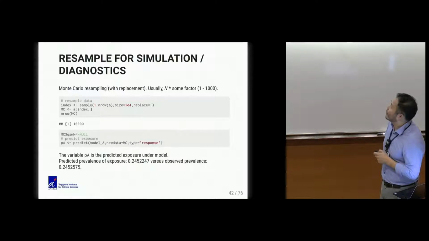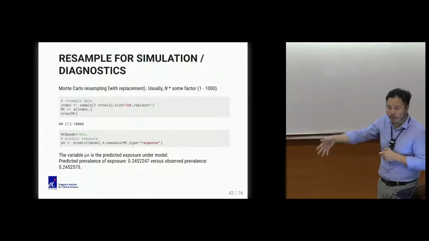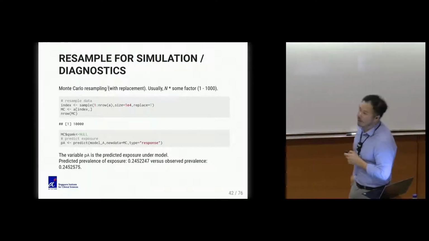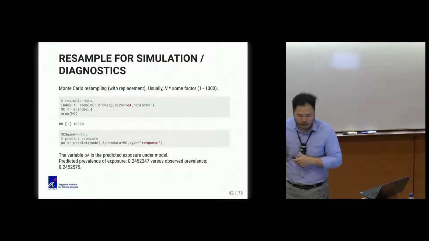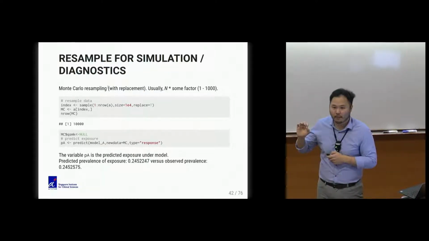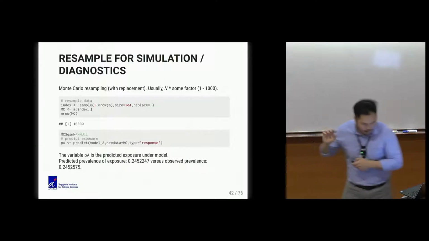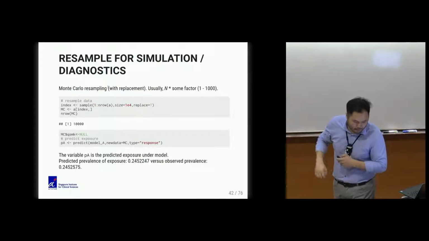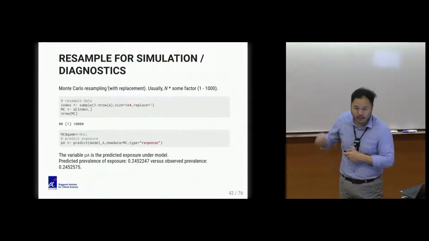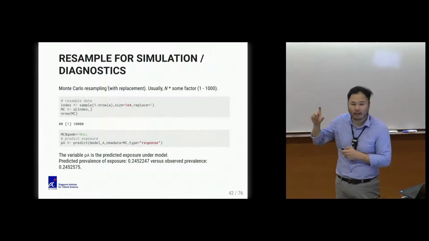And what we're going to do is take that resample of all the baseline values, and set all of the smoking status to 0, or to blank. We're going to fill those exposure statuses in. And how we're going to fill in the exposure status in the resampled data is by predicting the probability of exposure given the model that we had.